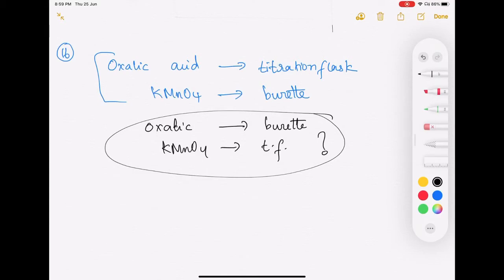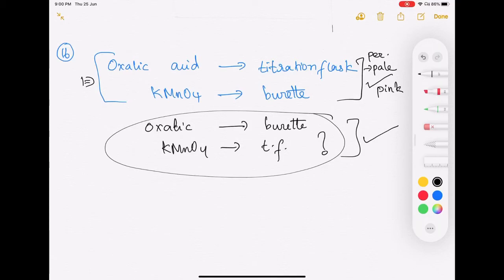You know that the reagents are taken and a redox reaction is occurring. Anyway, the redox reaction will occur if you use the first method or the second method, but the problem is in the observation of the result. Here the final color obtained is pale pink, permanent pale pink. Permanent pale pink color is obtained when you use the first type. Type 1, you are getting permanent pale pink color.